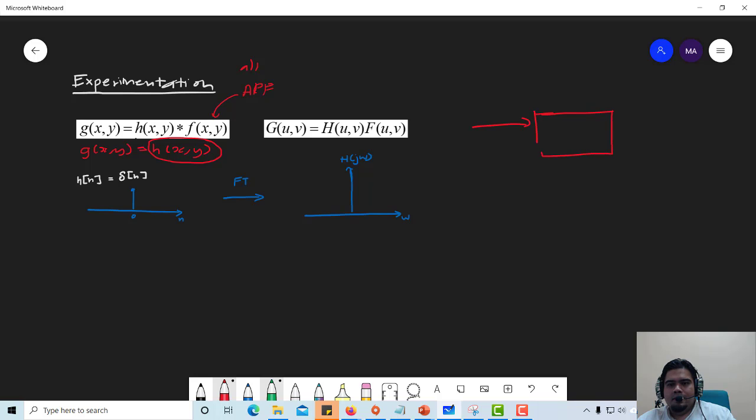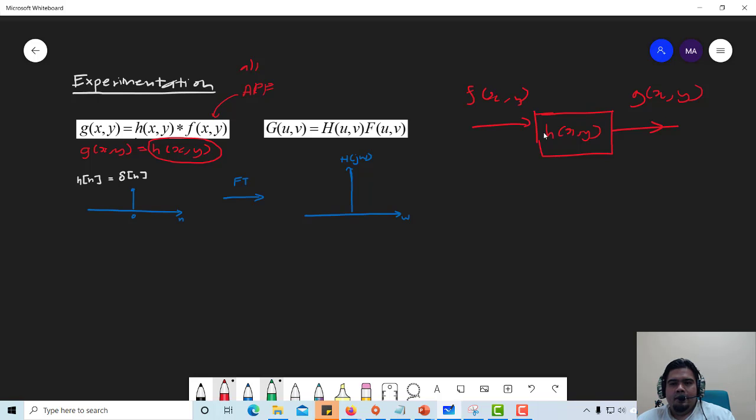Again, this is our system. This one is our blurring function, and this is our degraded image, affected by this blurring function. This is the ideal image f.